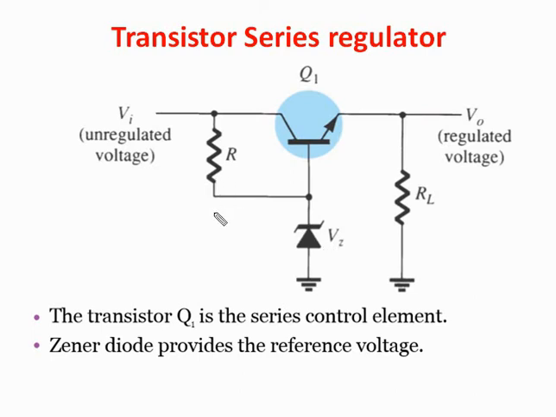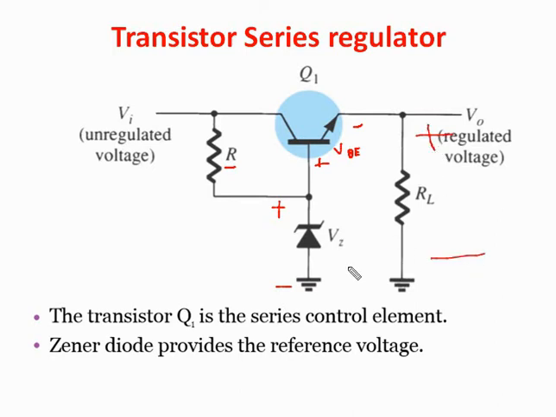So the remaining voltage of the input is dropped across this resistance R, and a constant voltage will be available across the Zener diode, which is VZ. So here we get plus and minus, but this is the base, and from base to emitter current will flow, so here we get a plus minus VBE, and the output V0 is plus and minus.